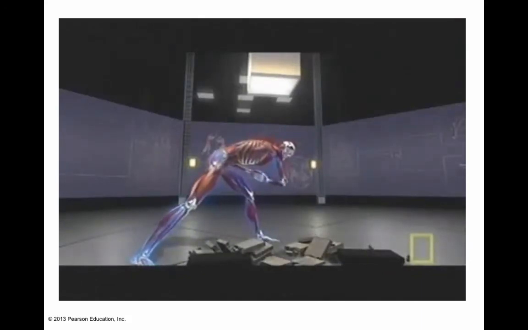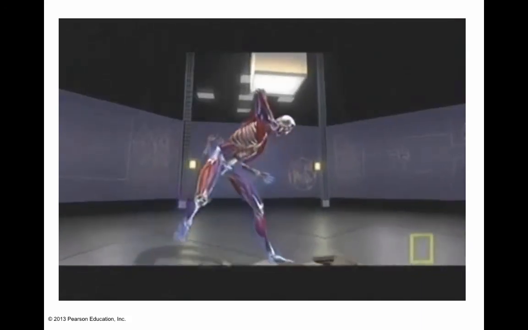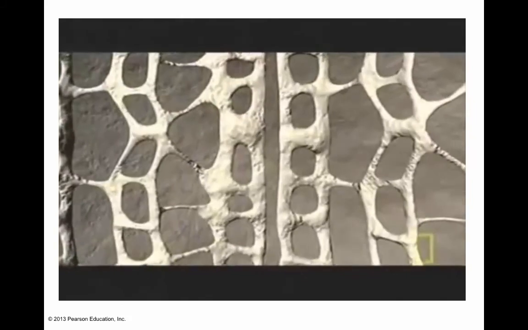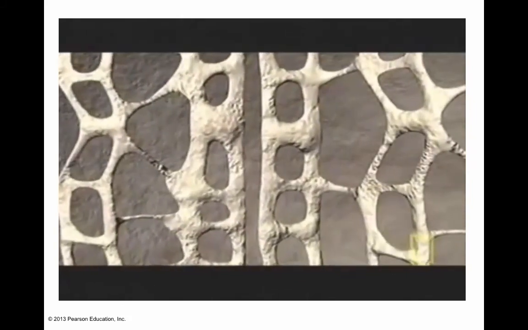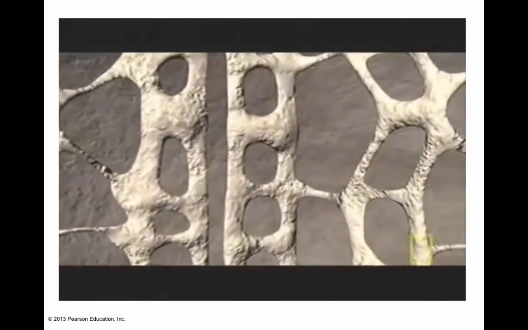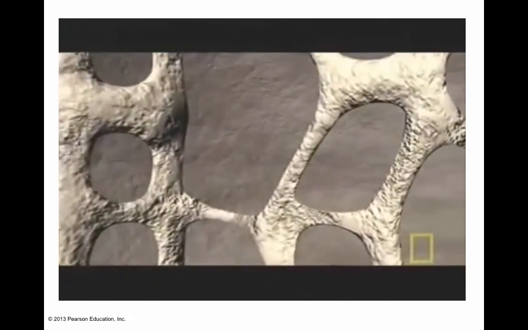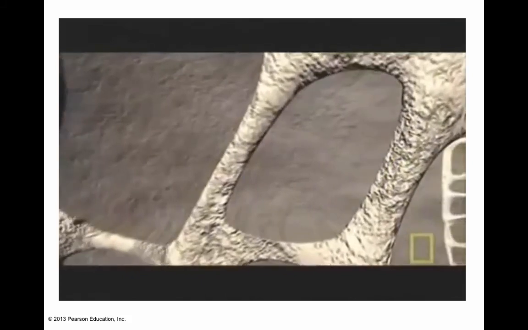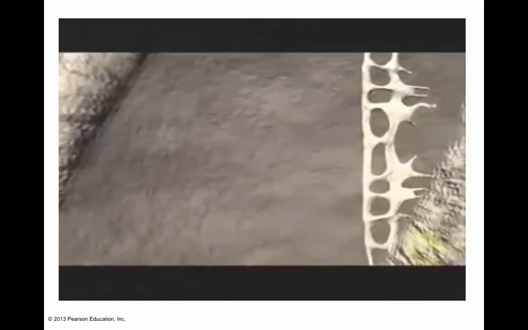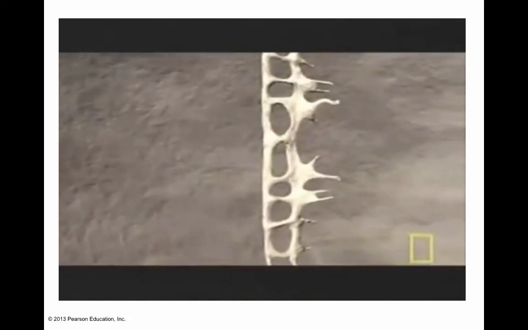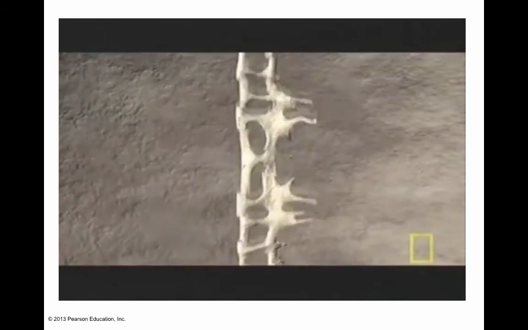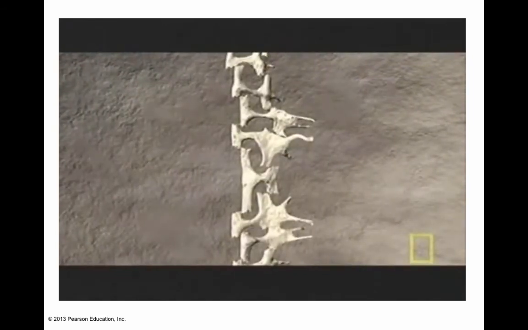Hard body training actually transforms the bone itself. It's called Wolff's Law, based on the pioneering discoveries of 19th century surgeon Julius Wolff. These are the structures in human bone. Trabeculae, Latin for little beams. When bones are traumatized over and over, they lay down more calcium structures, more little beams.